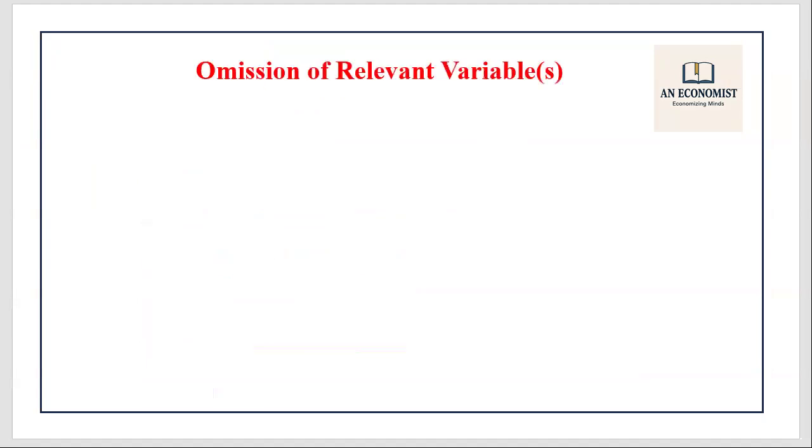Now let us formally define this thing. Suppose we start with the omission of relevant variables. So how do you explain it mathematically, taking original models? Suppose our true model looks like this. I'm taking a random model; you can take any model as you want.